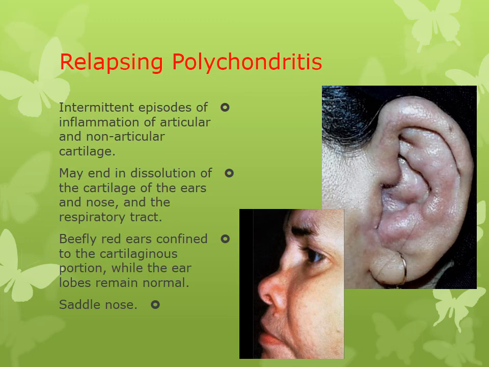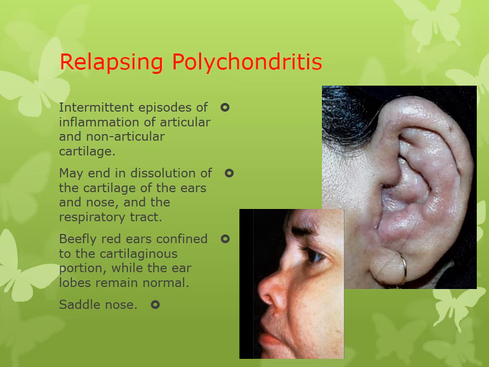Next is relapsing polychondritis, which is a disease of the cartilage. Here there are intermittent episodes of inflammation of the articular and non-articular cartilage. It may end in dissolution of the cartilage of the ears, the nose, and the respiratory tract.